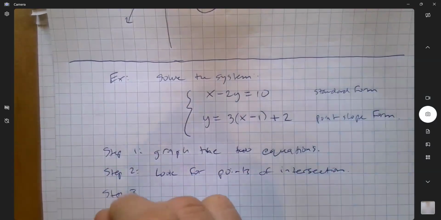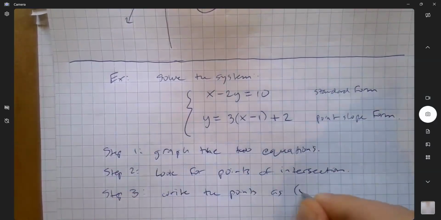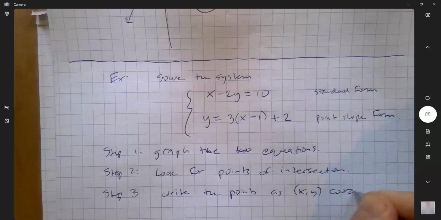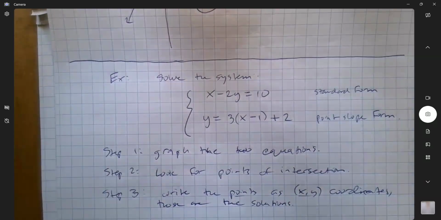And step three, write the points as xy coordinates. Those are the solutions. Almost always, you're going to find just a single coordinate point when you're working with linear equations.